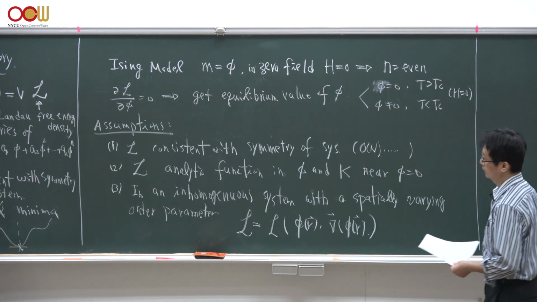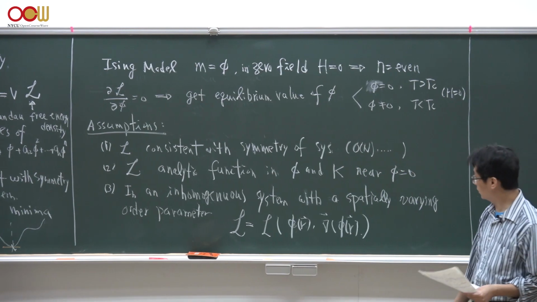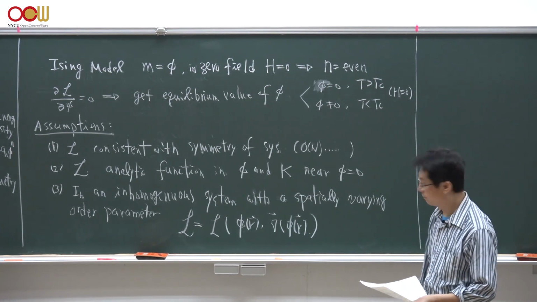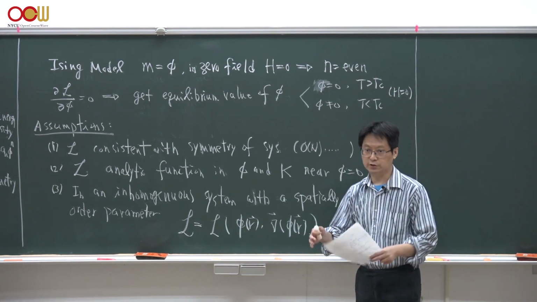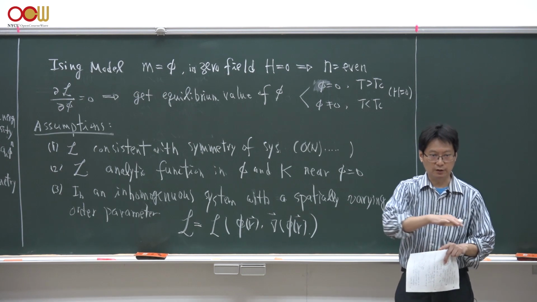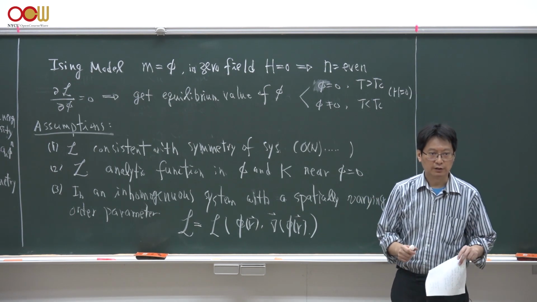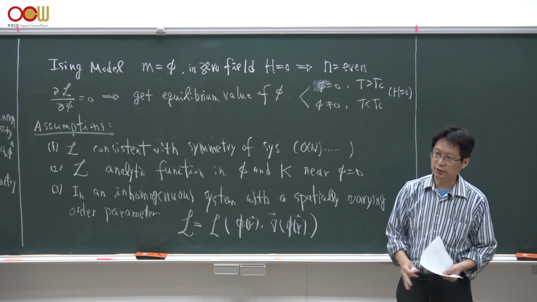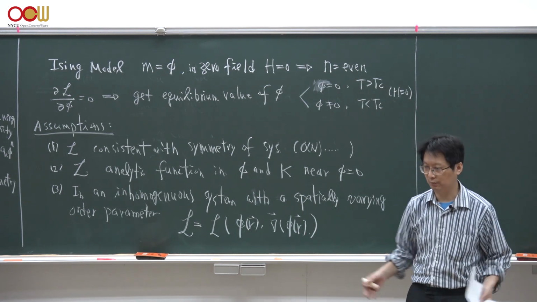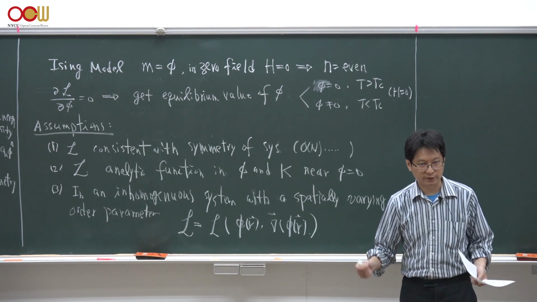So remember, the Landau's free energy density is a function of the order parameter, but in a system where the order parameter is actually changing from position to position, namely the order parameters of, say, 2-dimensional or 3-dimensional or even 1-dimensional system are position dependent.